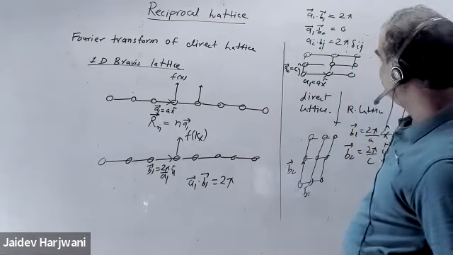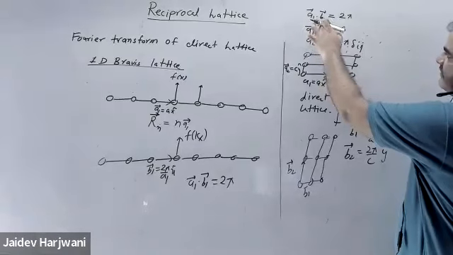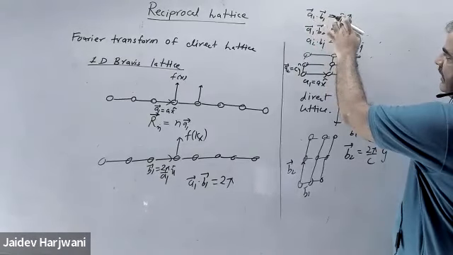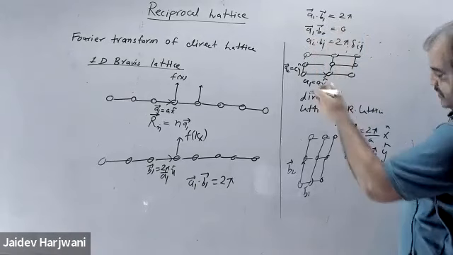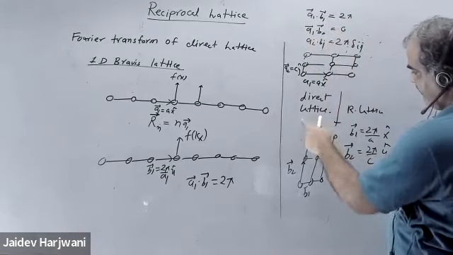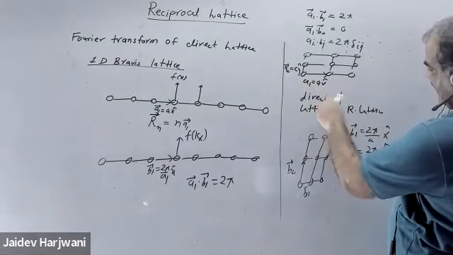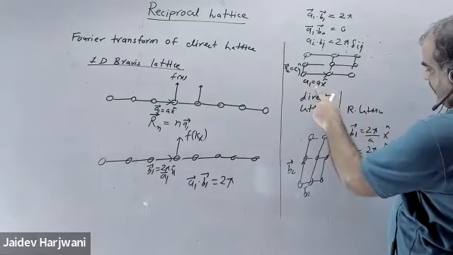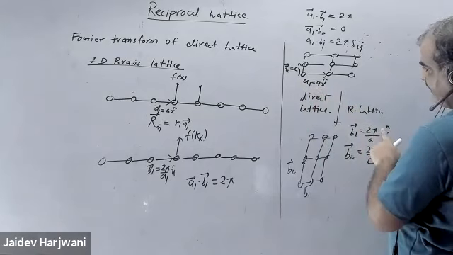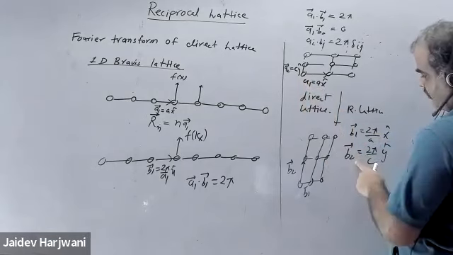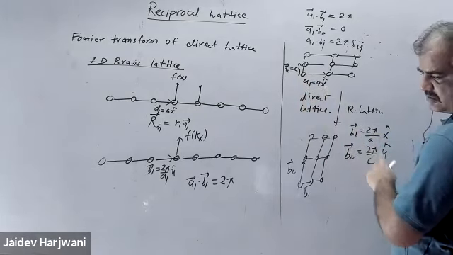Please explain this one once again, the voice was not clear on my side. So if you take a1 b1, I'm getting 2 pi. If I take a1 b2, I'm getting 0. In general, if I take a1 b1, I'll get 2 pi because both are in the same direction, x cap dot x cap. This will not be 0, this will simply be 2 pi. If you take a1 b2, this is in the x direction, this is in the y direction, x dot y is 0, so this term becomes 0.